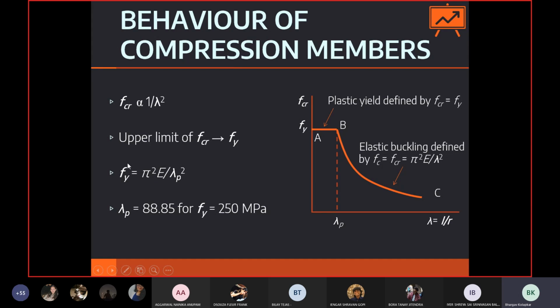If you plug in these three terms, the value of lambda P that you get is 88.85. This is a function of only the grade of steel and nothing else. So for mild steel, any column that has a slenderness ratio of less than 88.85 is a short column, and any column that has a slenderness ratio of greater than 88.85 is a slender column.